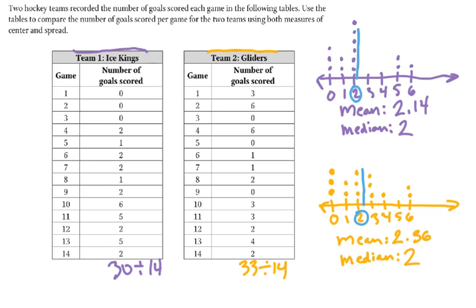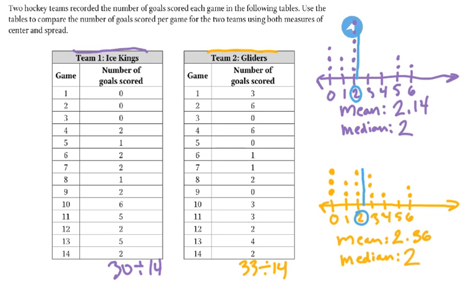Now, if we look at this one, it's definitely unimodal, right? This one is multimodal because it's got 3 of them. The shapes are definitely, this one's pretty uniform. This one's a little more symmetric, but not by much, and they both are spread out from 0 to 6.